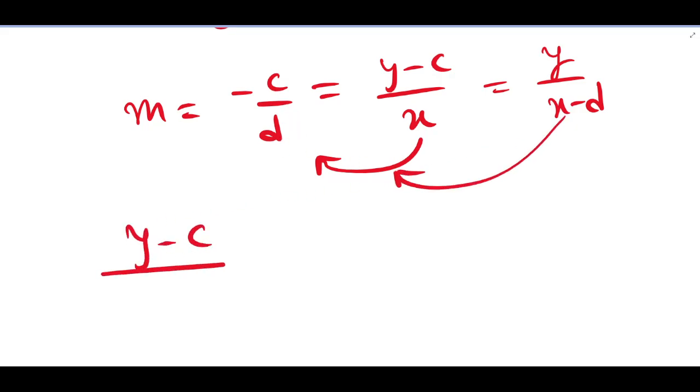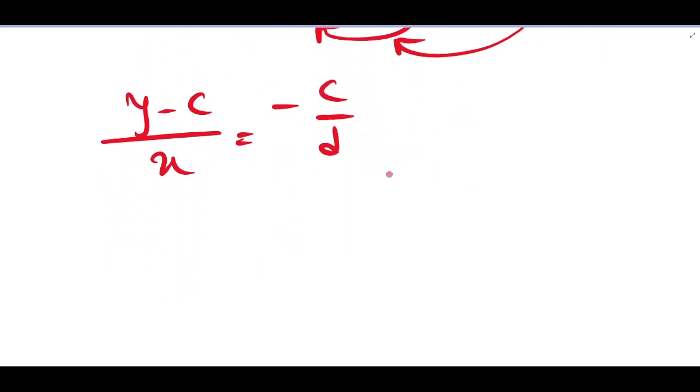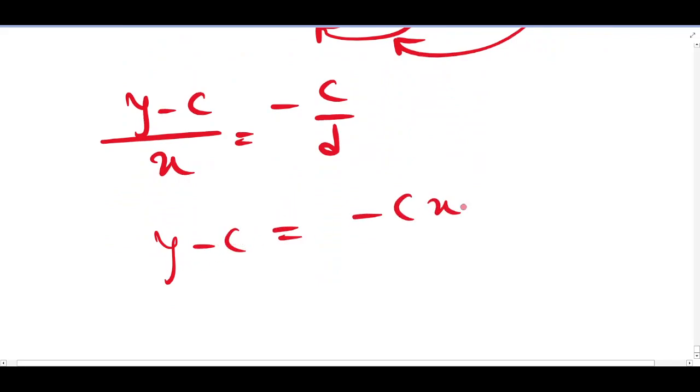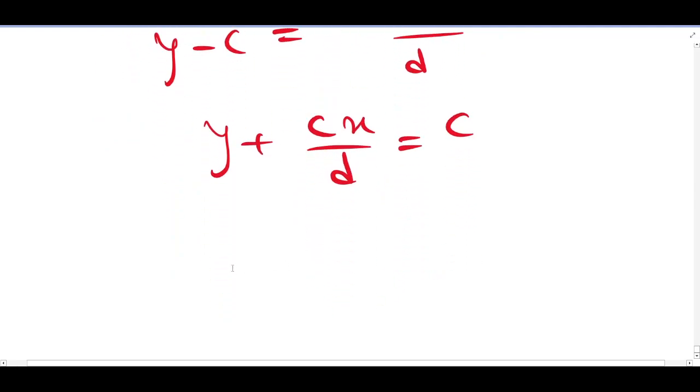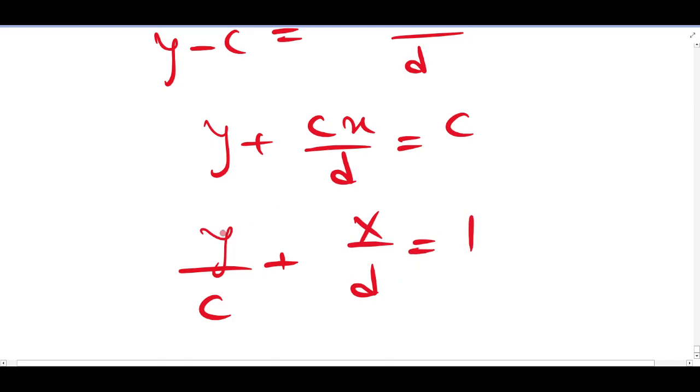So (y minus c) divided by x is equal to minus c by d. So y minus c is equal to minus cx divided by d. So y plus cx by d is equal to c. So y by c plus x by d is equal to 1.